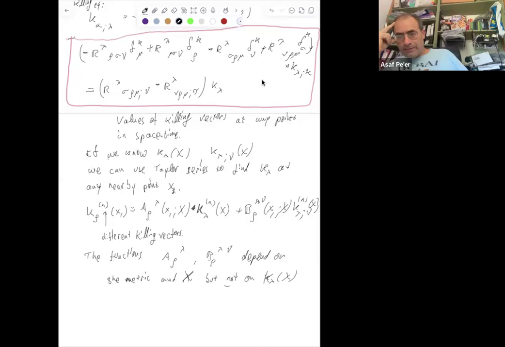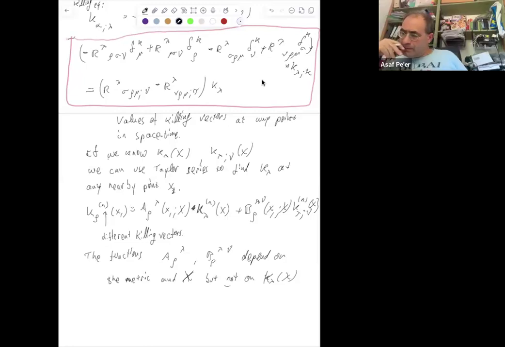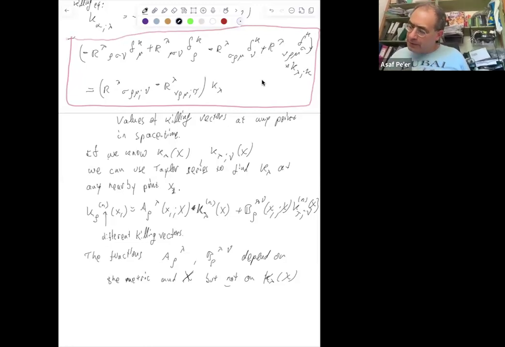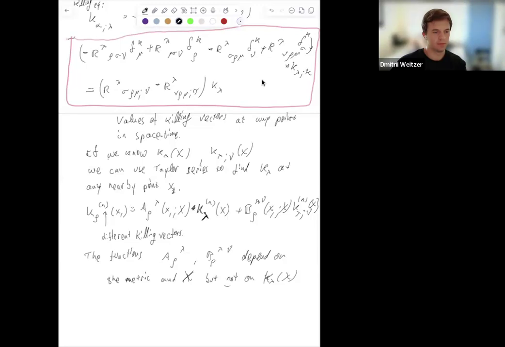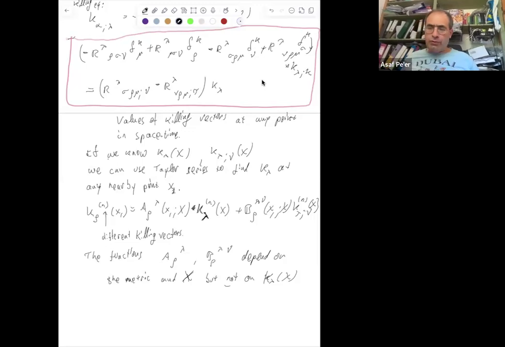They're not independent. Why does the first term of the Taylor expansion, I mean, the Killing vector, have lower index nu instead of lambda? Here it's a lambda. Sorry, I didn't write it properly. My handwriting is not the best, especially when it is electronic.